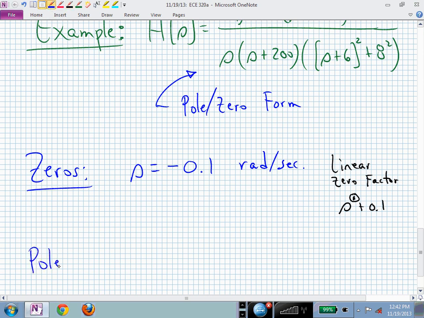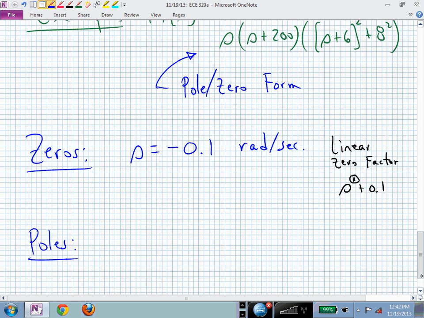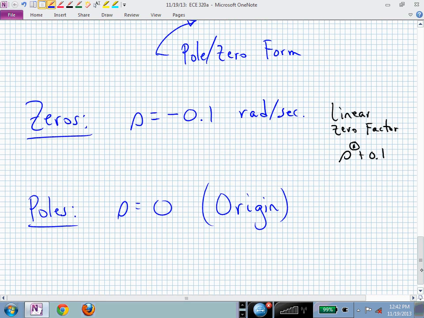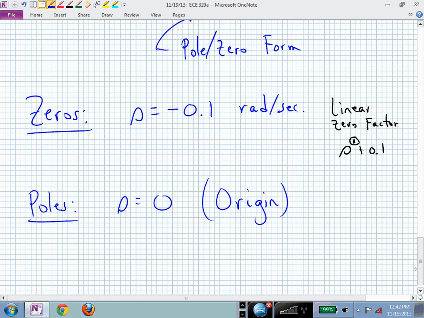What about our poles? We have one at 0, which typically I will say, oh, we have a pole at the origin. Or we might have a zero at the origin if we had an s by itself in the numerator. Those we treat differently than these linear factors. That's why I identified that first zero as a linear factor.